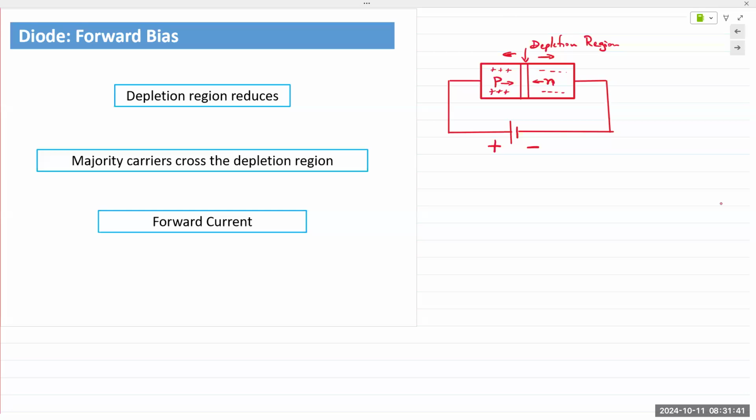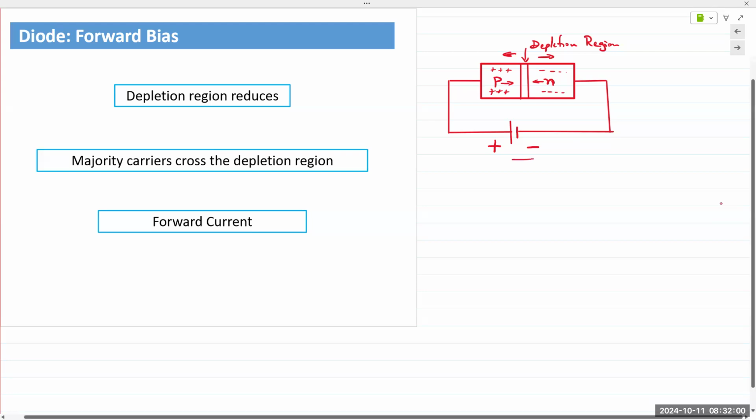But now the holes and electrons will have enough energy to overcome the junction barrier, or the junction potential. Because that happens, electrons and holes will start flowing freely across the junction, and you have current flow through the material. That would be the direction of the current flow.